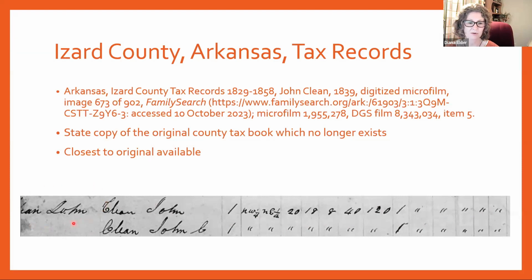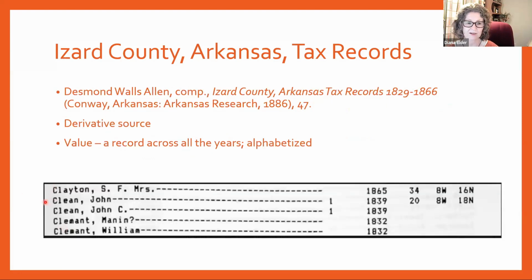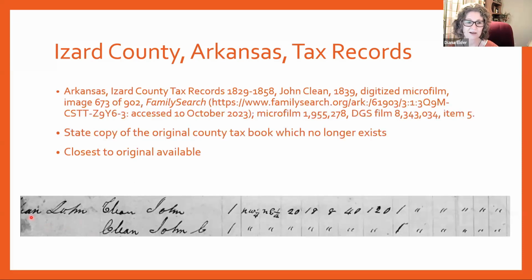Now notice something else. This little column over here was not in that derivative record. I'll go back. There's nothing about this little extra column here. And looking at the top, I saw that this was the original landowner. So John Clean or Klein was the original landowner. Here's his land description. And then we have John C. Clean or Klein with no land.